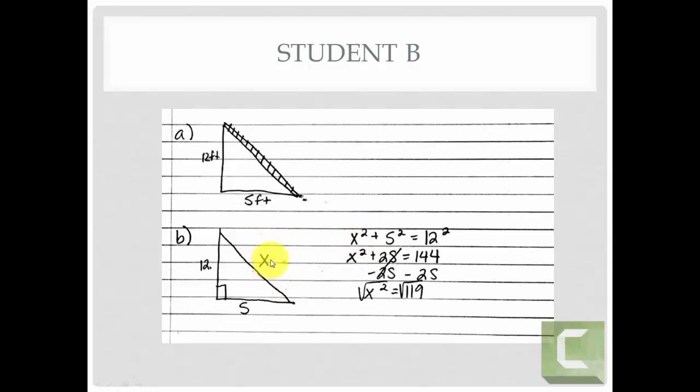The hypotenuse is right here, the x value, but they said that their hypotenuse was 12. So even though this student correctly squared the numbers and solved the equation, since the equation was wrong, they did the Pythagorean theorem wrong, the student would not be a level 2.